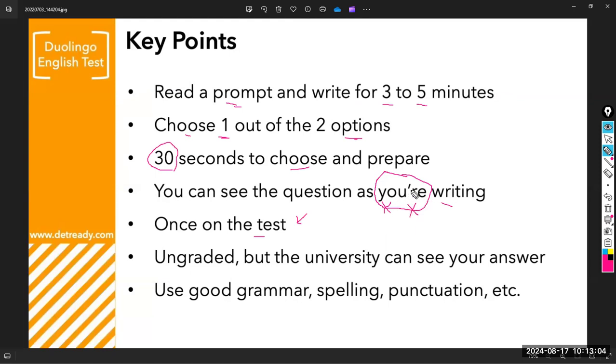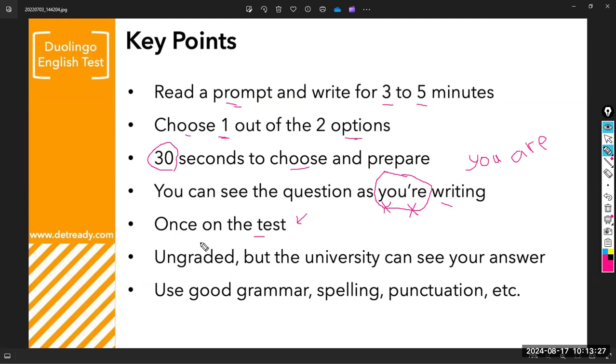So instead of writing "you're," you have to say "you are." Again, not only in speaking, but also in writing. This is extremely important. Keep in mind that using abbreviations is really informal. It's not formal, guys. So please avoid that.